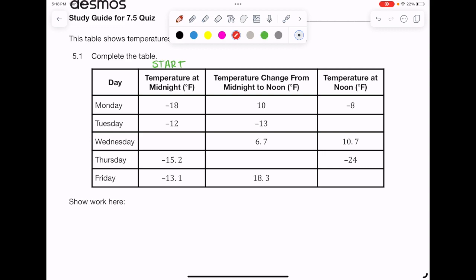Then we have the temperature change from midnight to noon, and then we have our end temperature at noon. So you have the starting temperature, you add whatever the change is, and it gives us the end temperature. Sometimes tables are set up differently, so you want to make sure you identify which is which in the table.